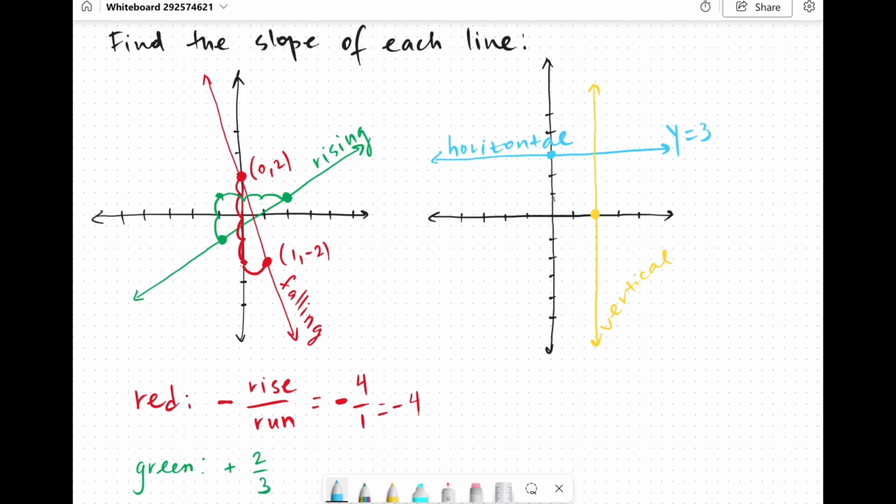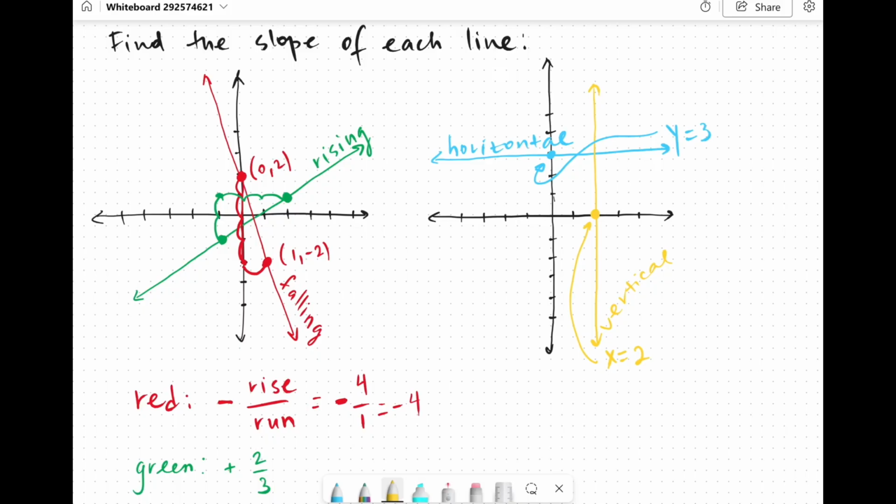That is the equation of any horizontal line. Simply y equals whatever number it hits on the y-axis. In this case, it's 3. For the vertical line, the equation will be x equals 2, and it will always work for any vertical line. It's simply x equals whatever number it hits the x-axis at.